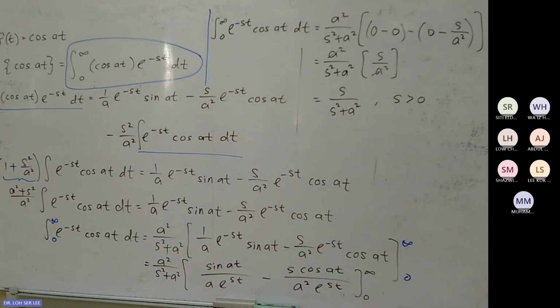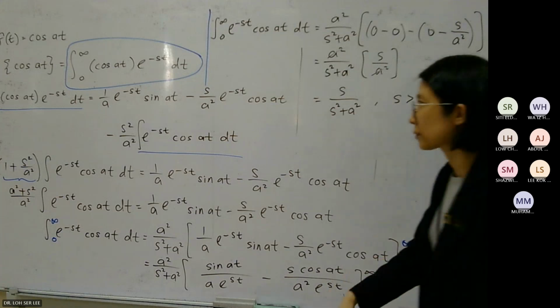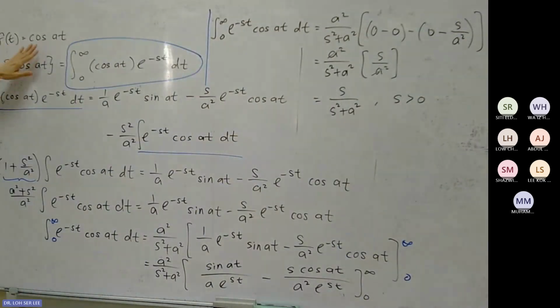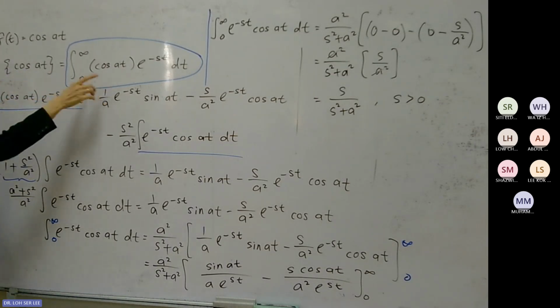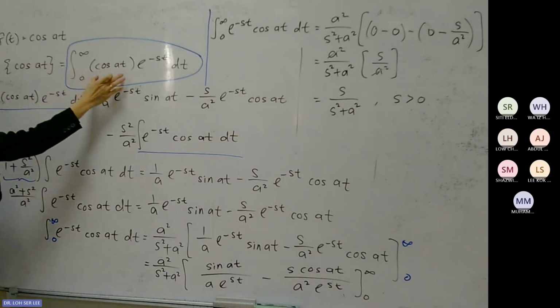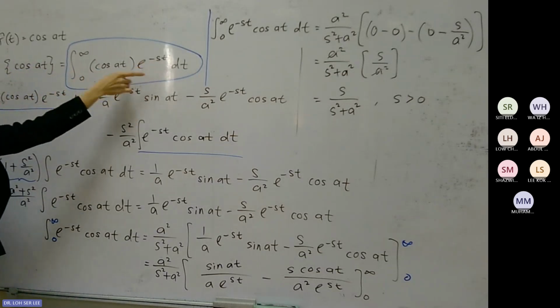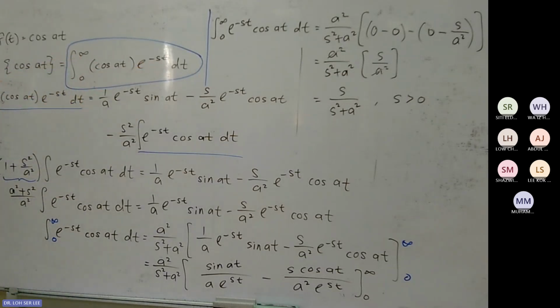Any questions? Do you want me to repeat this one? We want to Laplace transform cos at by definition. By definition, when we Laplace this function, we have to multiply this function by e^(-st), and then integrate from 0 up to infinity.